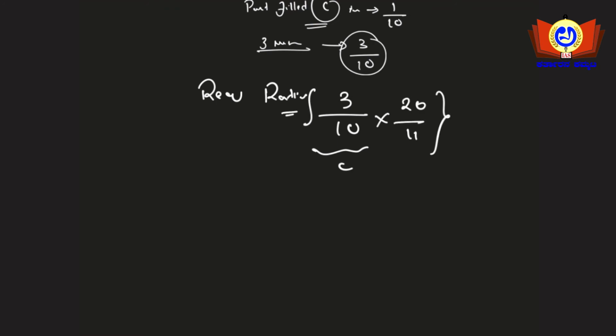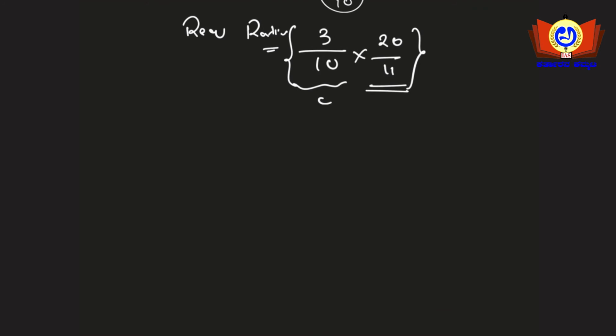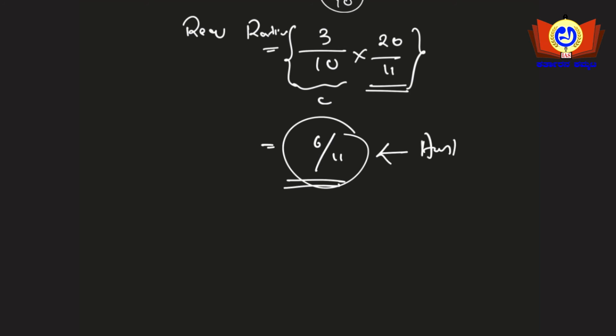In 3 minutes all the pipes will be discharging 11/20 amount of liquid, and pipe C will be discharging 3/10 amount of the liquid in 3 minutes. Upon cross multiplying, I will be getting 6/11 here. This is the solution. So option B is the right answer for this.